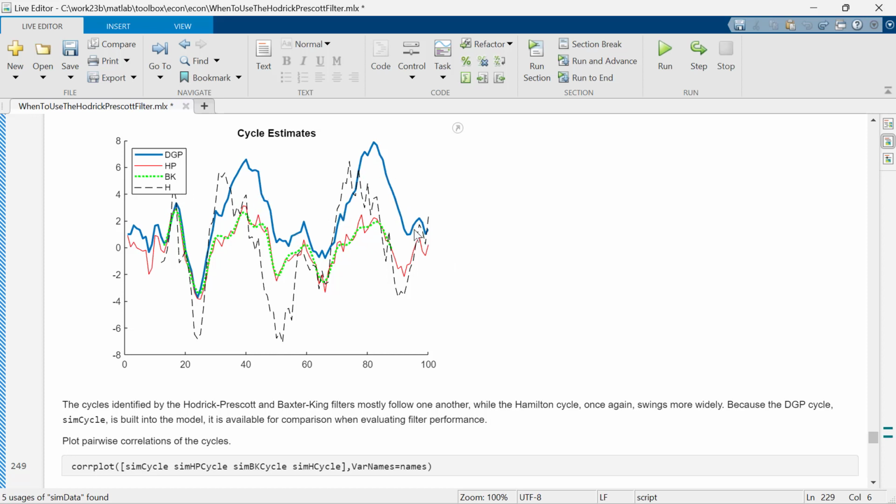So the simulated cycle is this dark blue cycle, and these other lines are the cycles that are output from the different filters applied to the data as a whole, the trend plus the cycle. And you can see all of them seem to approximate the cycle in the data generating process.